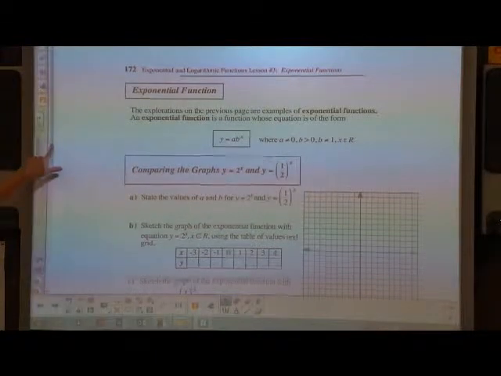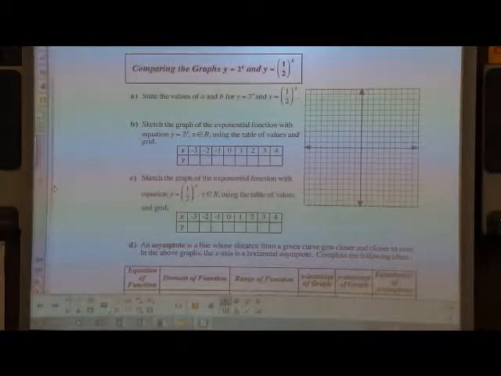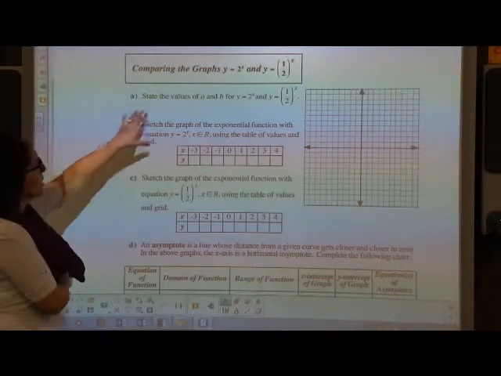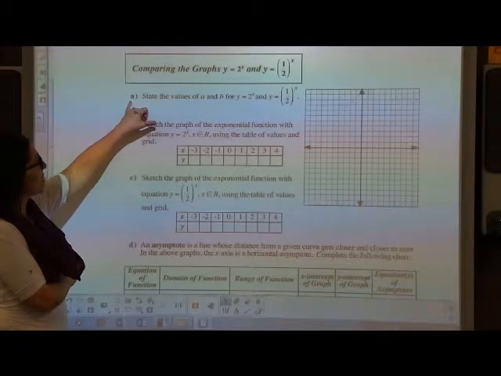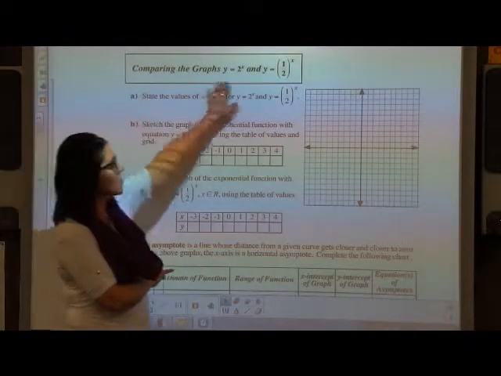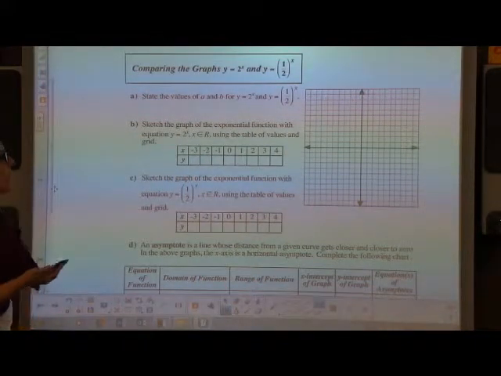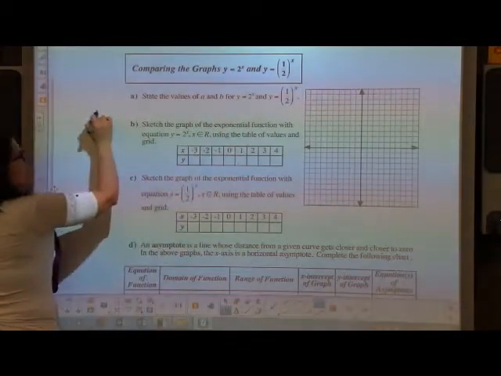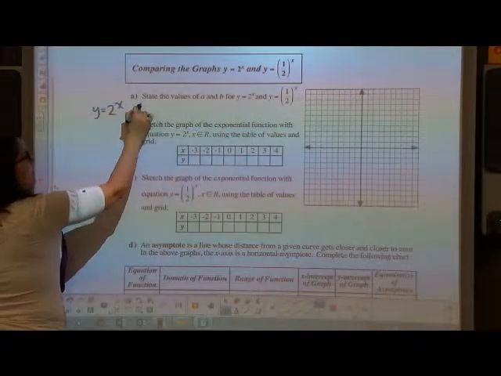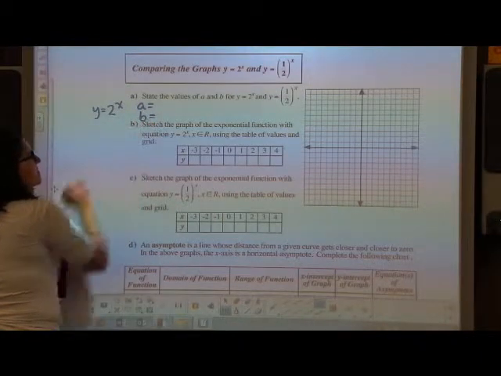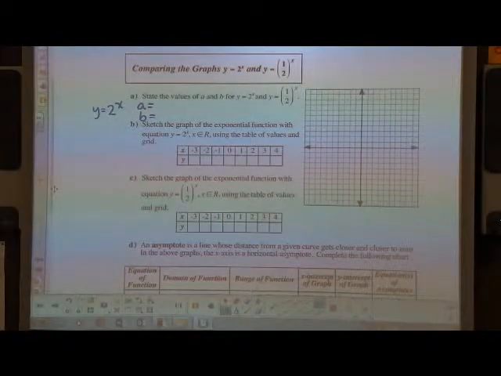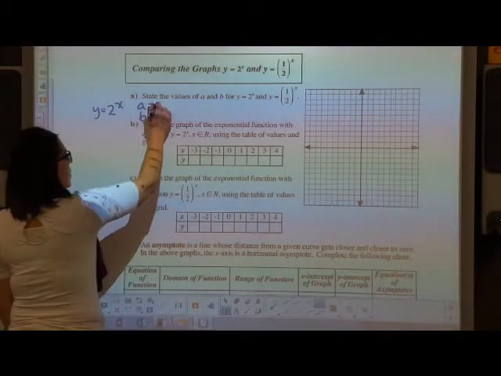So what we're going to start working on, and I'm going to give you time to work on these, is to graph this. So if we look at question 8, comparing the graphs of y equals 2 to the power of x and y equals 1/2 to the power of x. In the equation y equals 2 to the power of x, what is the value of a and what is the value of b? a is 1 and b is 2.